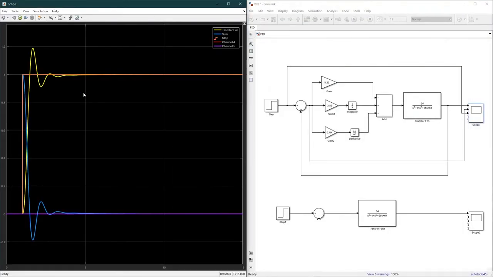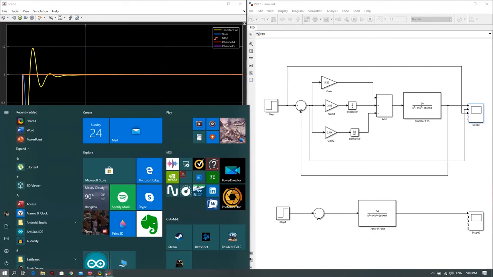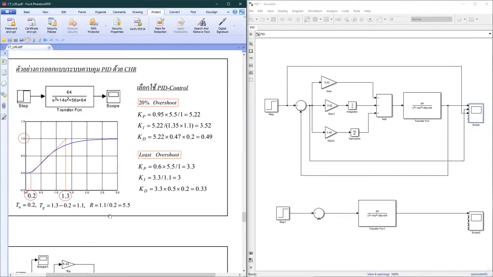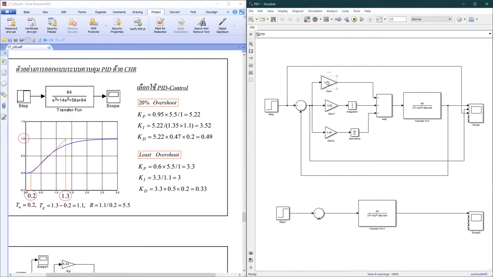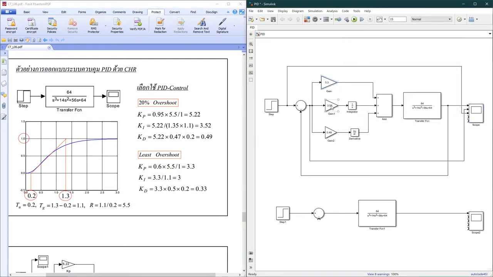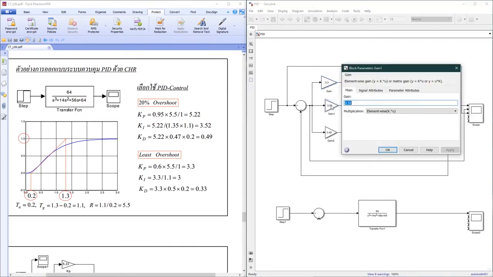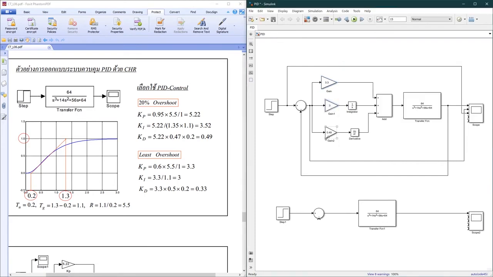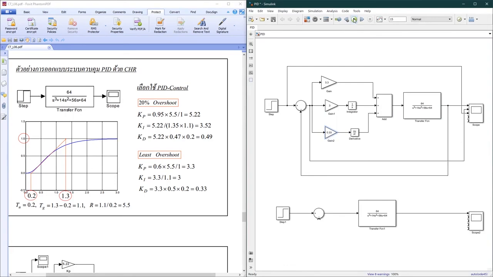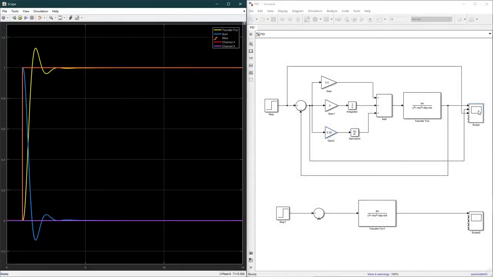But if we use least overshoot theory, let's see what's going to happen.